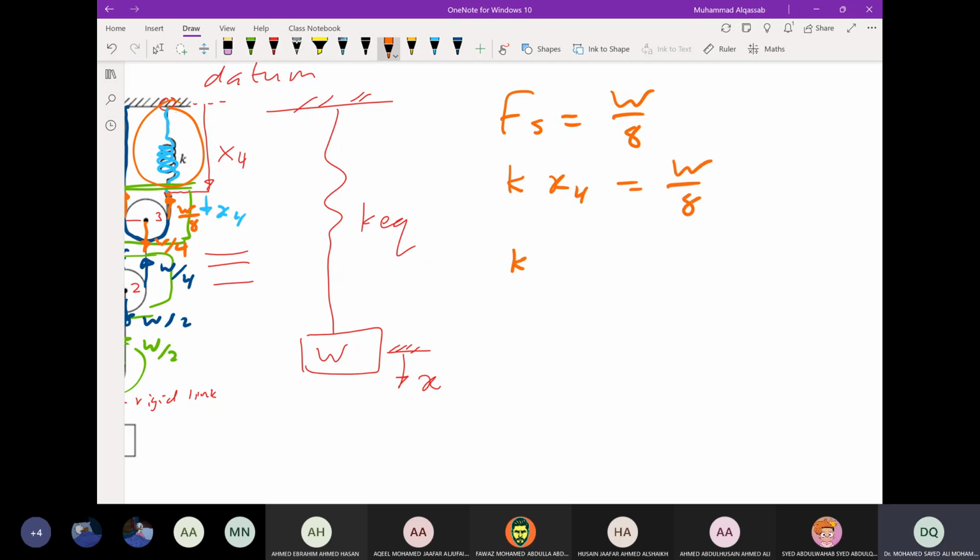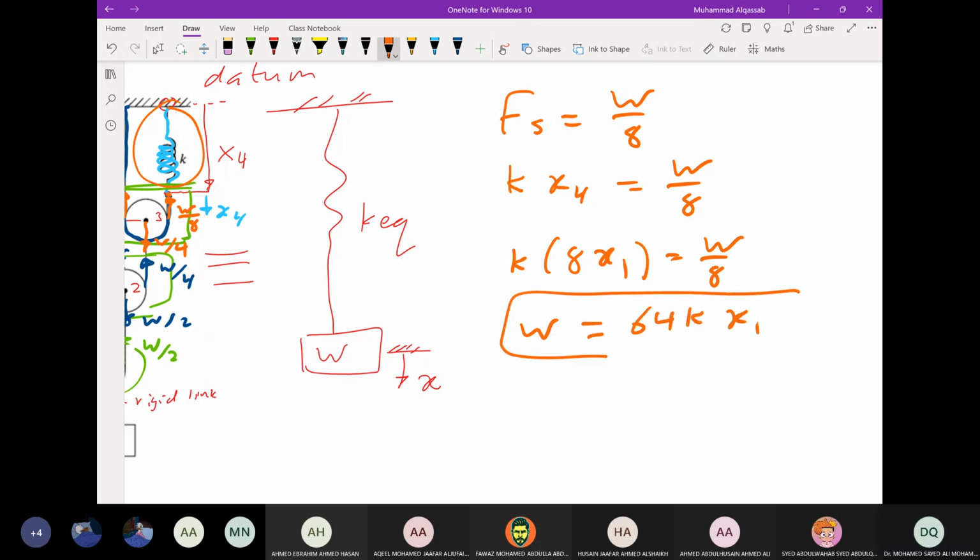And x4 is 8x1, equal to W over 8. Put W on one side. This will be 64k x1.